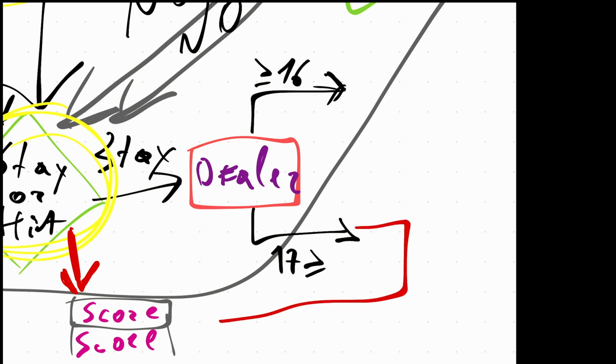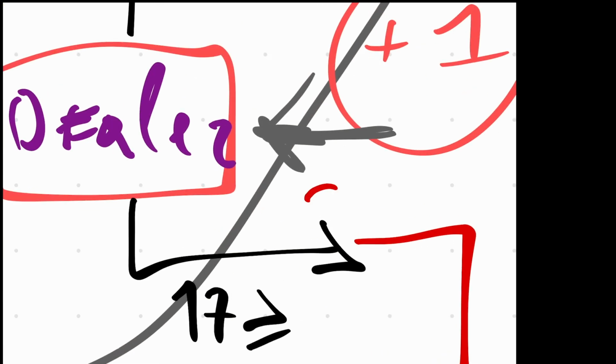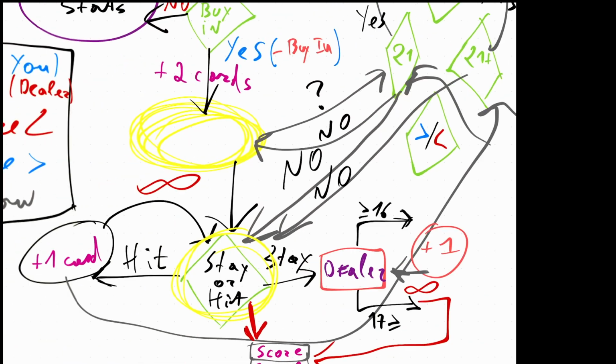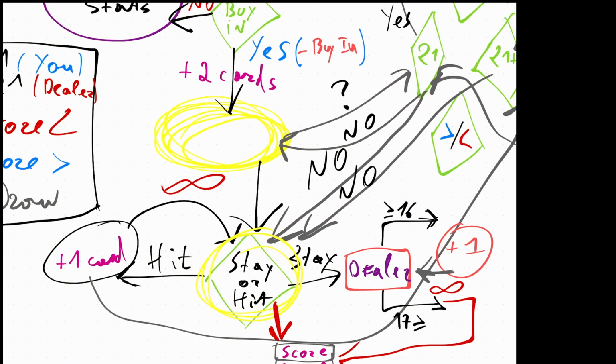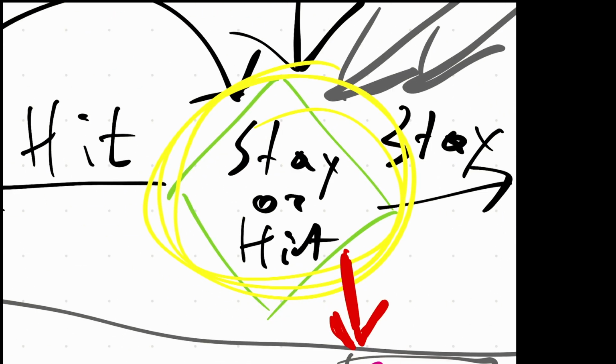Score saved. 16, you get +1, and right back. Another loop to symbolize this goes on until he's either overflown or he has gotten blackjack, right? And at this point, we also need to check him, as I said, for 21 plus and for 21.